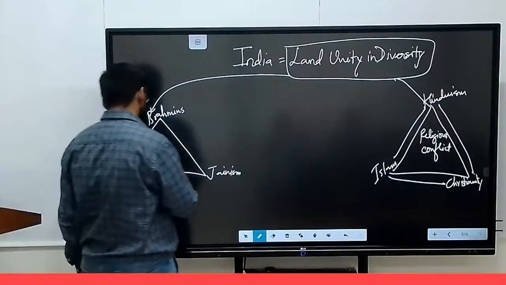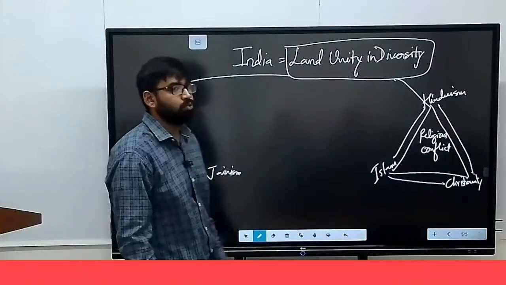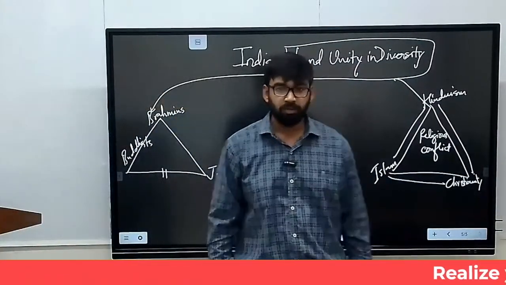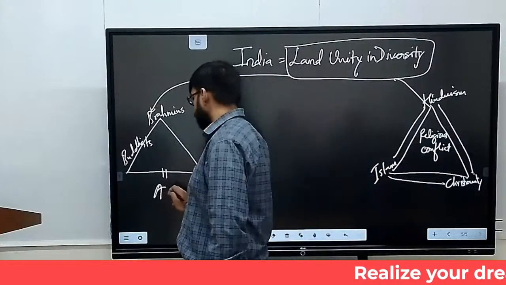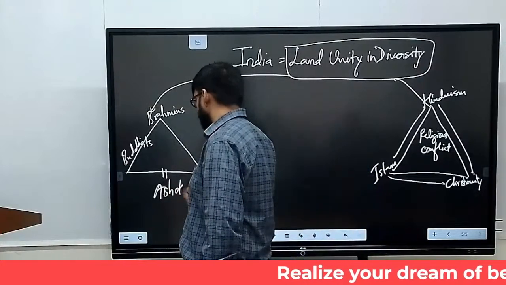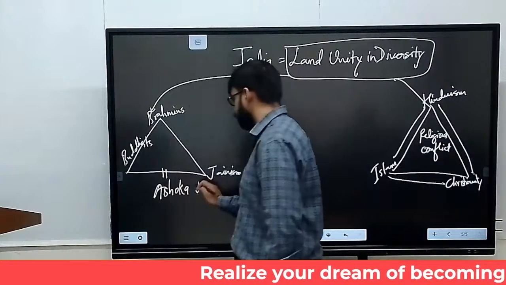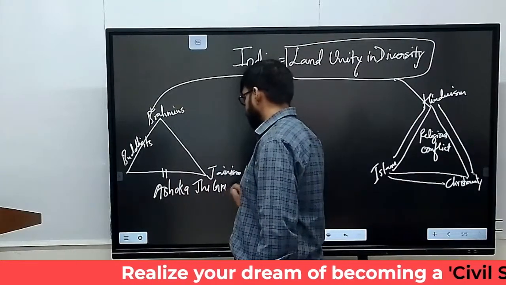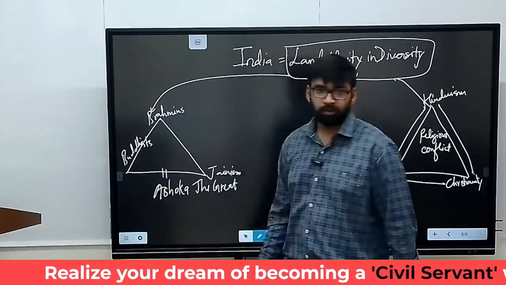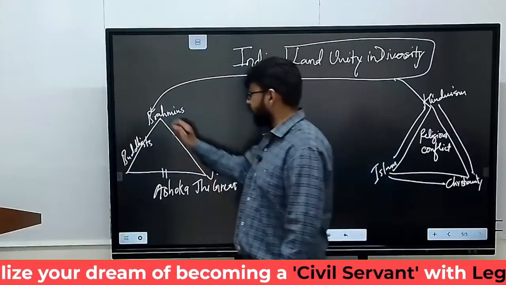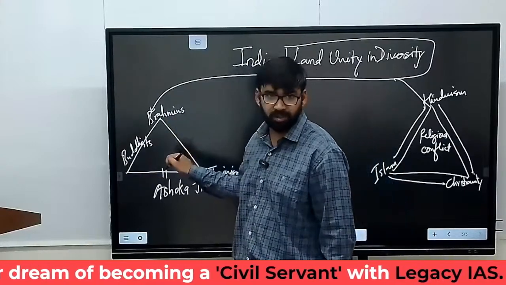Now, in this situation, the ancient ruler Ashoka is considered a great ruler. That is why we write Ashoka the Great. Getting my point? Why? Because he understood this diversity.